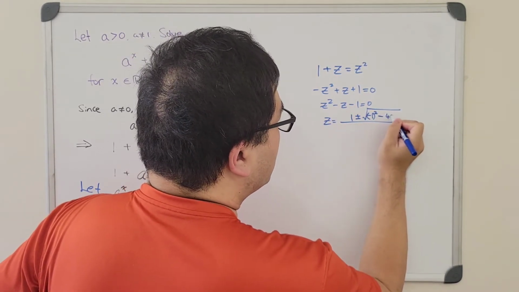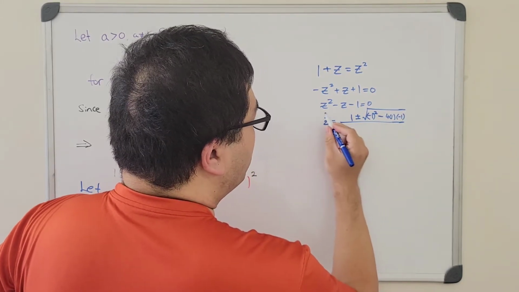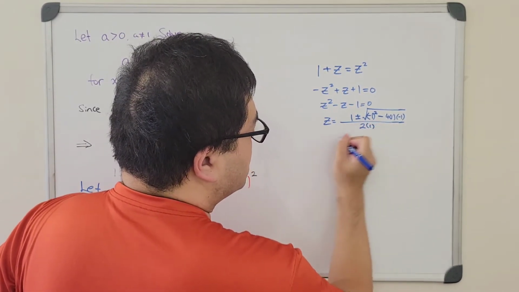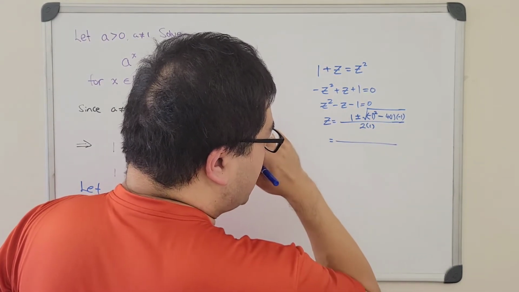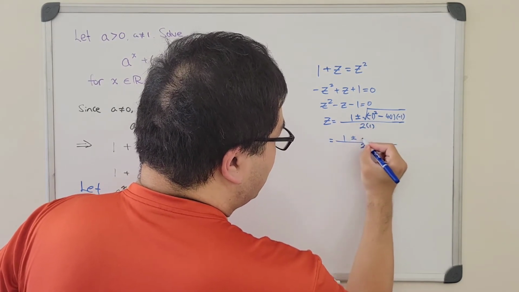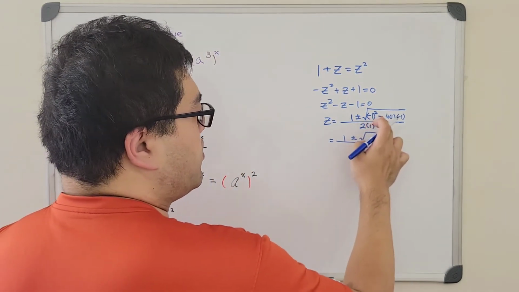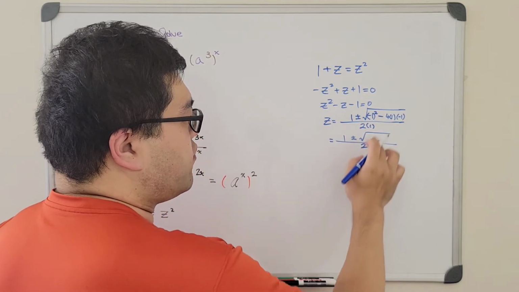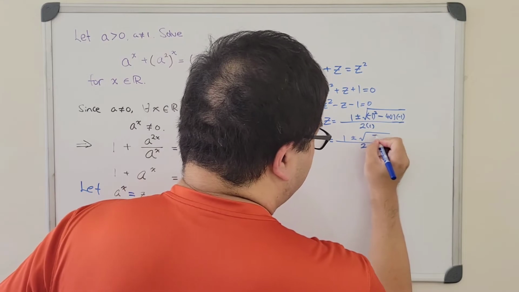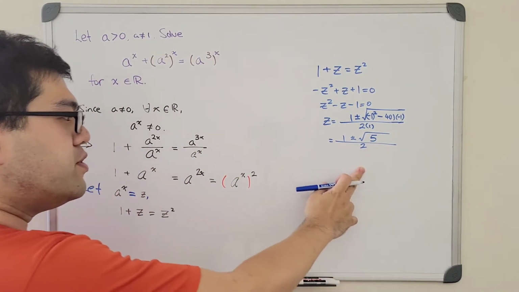So we have 4 times a times c over 2a. Again, a is a leading coefficient 1 here. So if we simplify it, we will get 1 plus or minus, -1 squared is just 1, and then we have minus a negative, which is plus 4 times 1 times 1 is 4. So we have 1 plus 4, which is 5, and then all over 2.